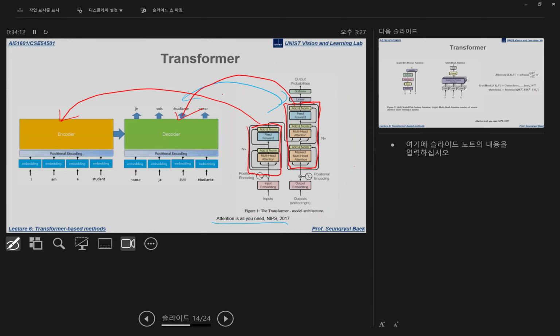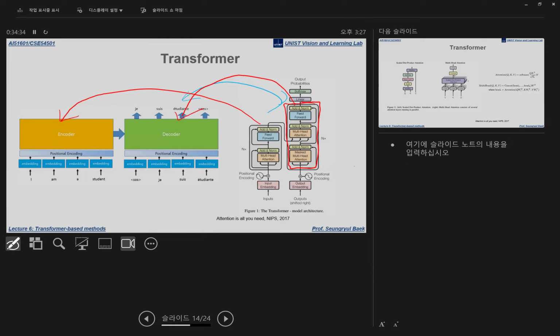For the encoding, you input the sequence, one-dimensional sequential data, and apply the input embedding first, and the positional encoding has to be added.